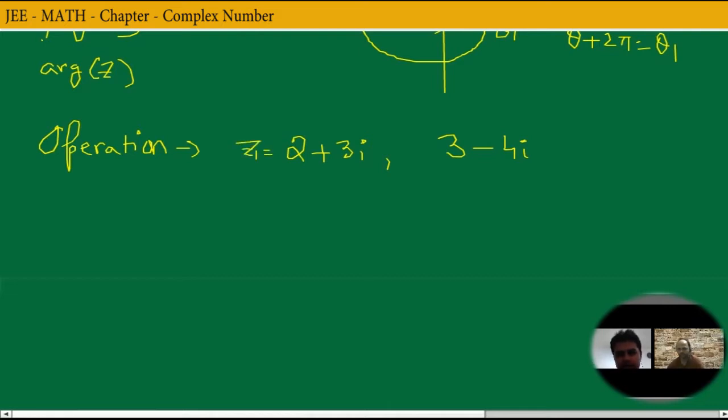Let's say this is z1, this is z2. If we are supposed to add z1 plus z2, how are we supposed to do this? 2 plus 3, while 3i goes with negative 4i. True.